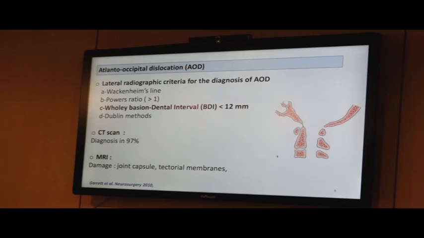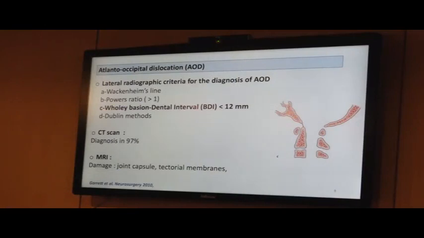The third is the Wholey basion-dens interval measurement. It measures the interval between the basion and the tip of the dens in the neutral position. In adults, the distance averages 9 millimeters, but varies considerably, and any motion between these landmarks on dynamic radiography is abnormal.